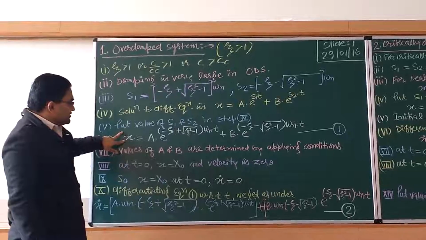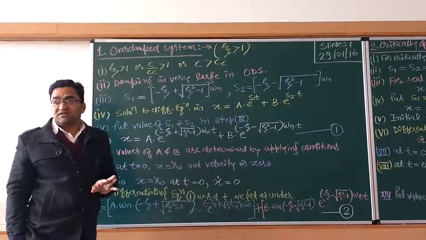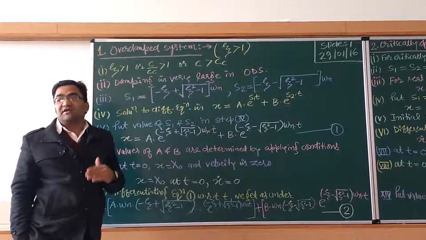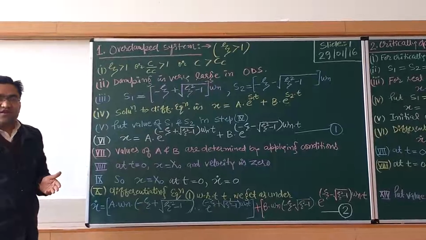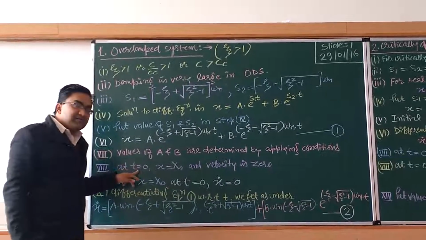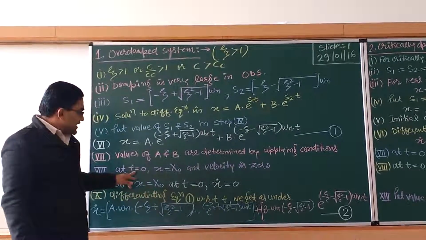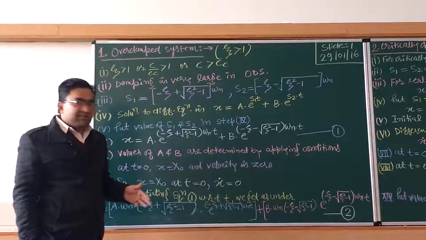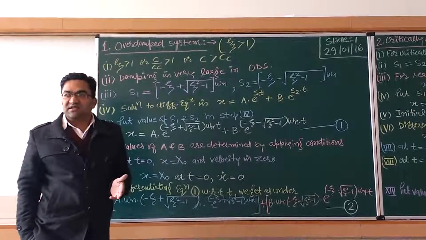From this equation, the problem is that we do not know the values of A and B. They are constants, so we have to find the values of A and B by applying the initial conditions. Initial conditions means when the time is 0. The system initializes at time 0. When the time is 0, the amplitude x will be equal to x naught. Obviously, the system will be stationary at that moment.